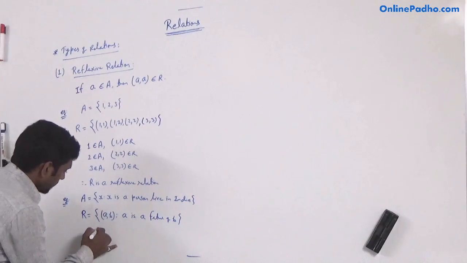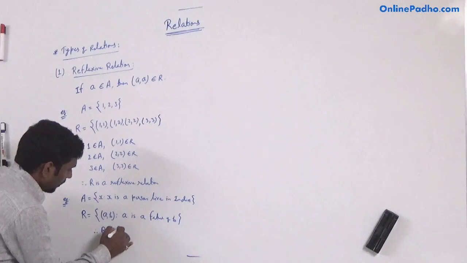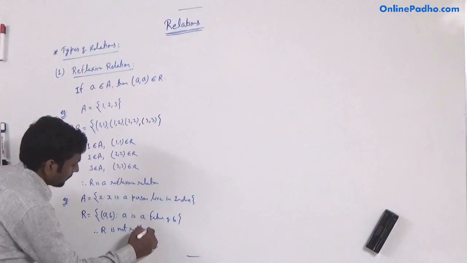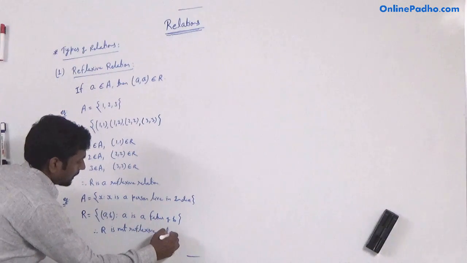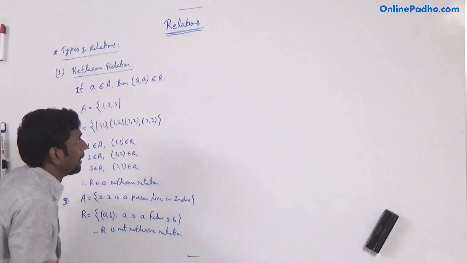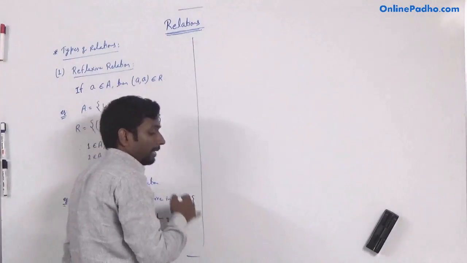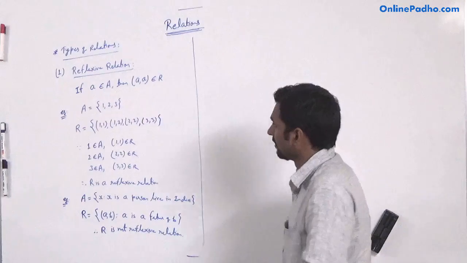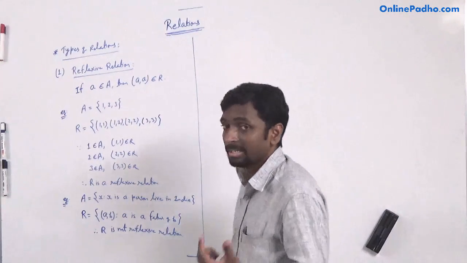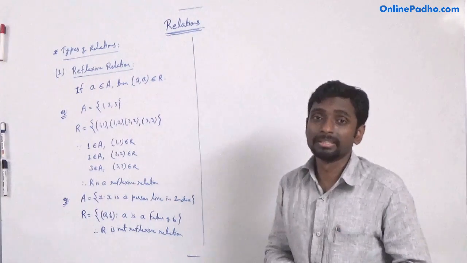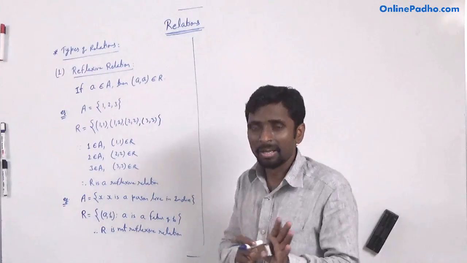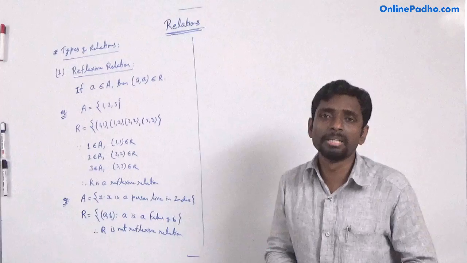So the relation R is not reflexive. Reflexive means the same element must repeat in the ordered pair. In that case, you can say that relation is reflexive. This is very important. We will discuss the reflexive relation in detail after discussing the symmetric and transitive relations.